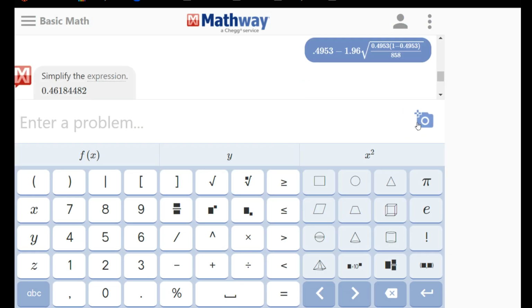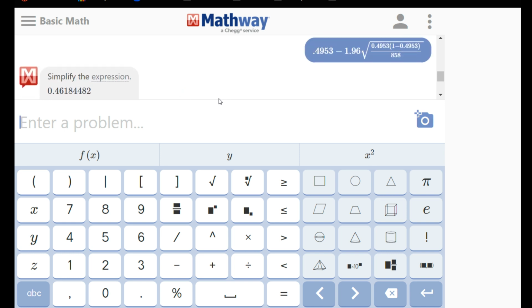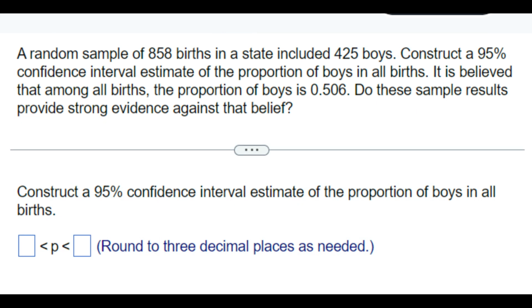So I'll click the button and there we are, 0.4618. So I'll go back to my problem and it's 0.4618.